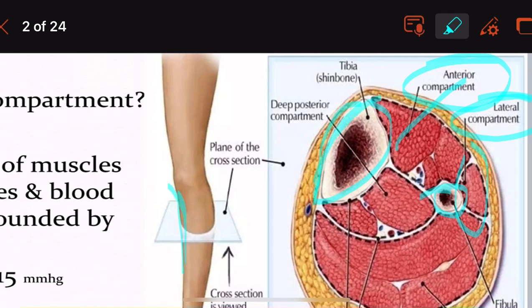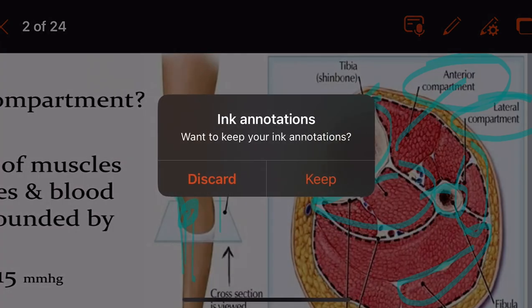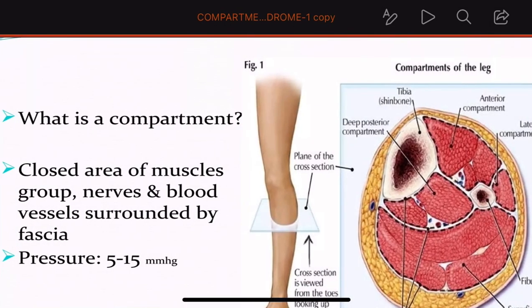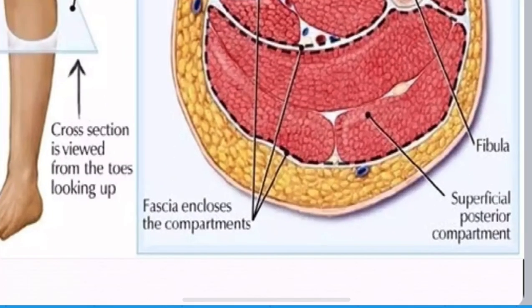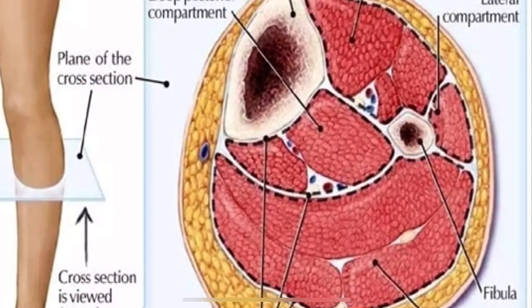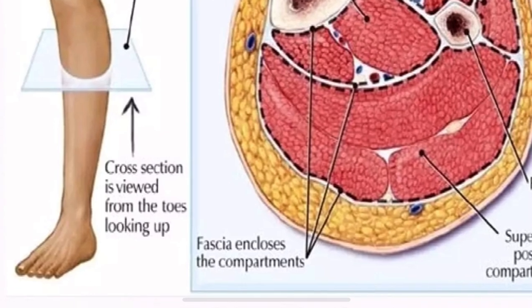This is the anterior compartment near the tibia, and this way we have the lateral compartments, and then we have the deep posterior and superficial posterior compartments.